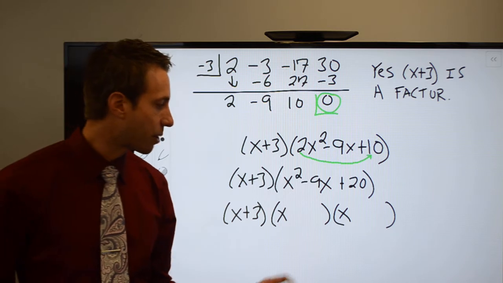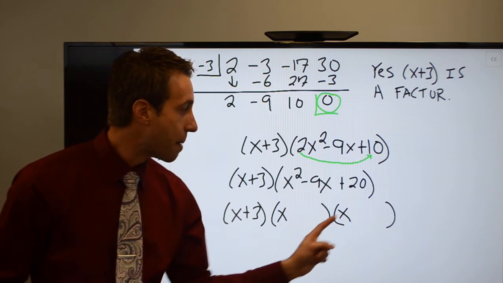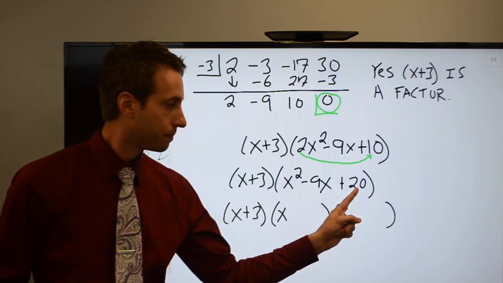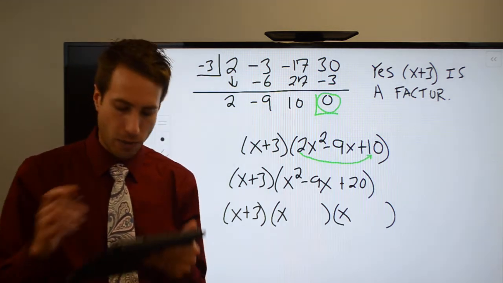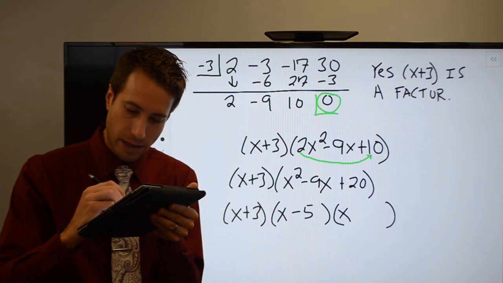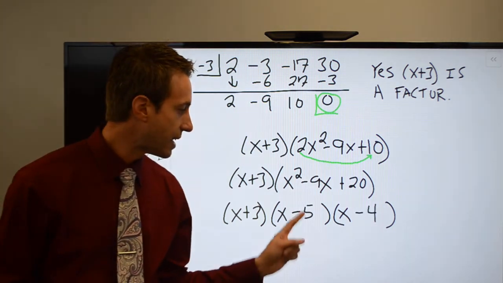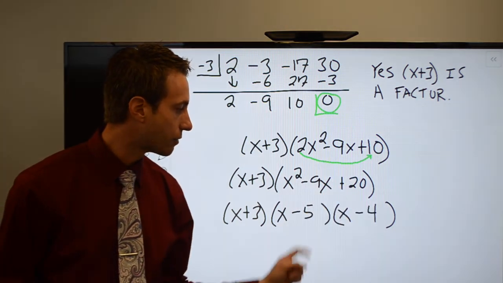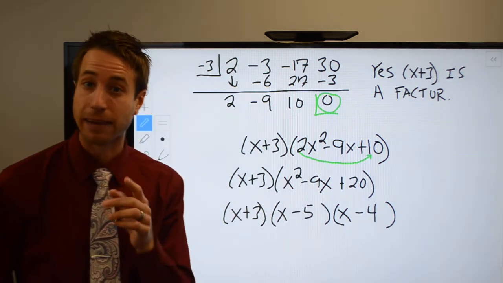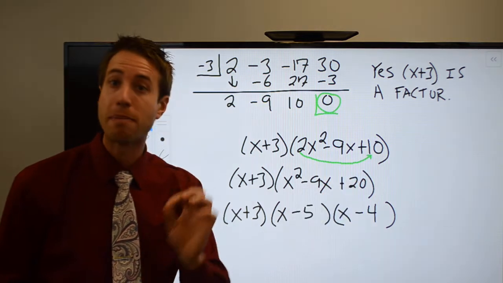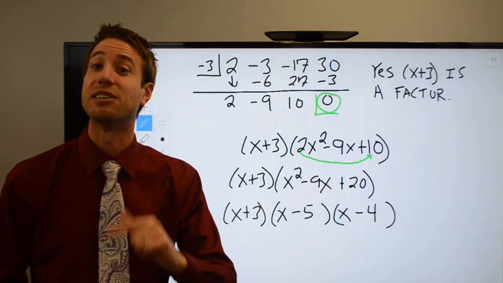Now the slightly trickier part, I need two numbers that multiply to 20, sum to negative 9. Actually, that's not that difficult. It would be negative 5 and negative 4, right? Negative 5 times negative 4 is a positive 20. Negative 5 plus negative 4 is negative 9. Now, we did the slide part, but remember, the method is called slide and divide.